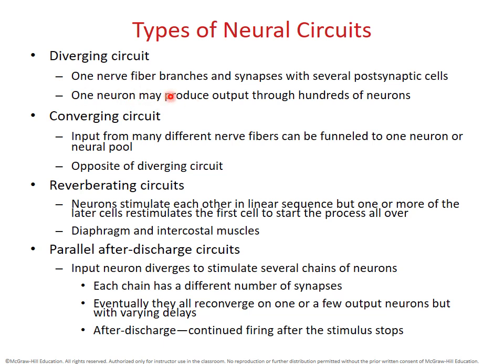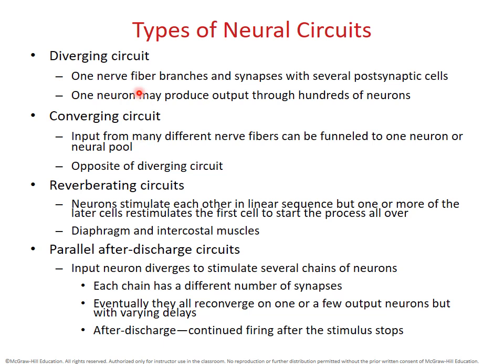And as we said, one neuron can have potentially output through hundreds of postsynaptic neurons, maybe even thousands in some cases.